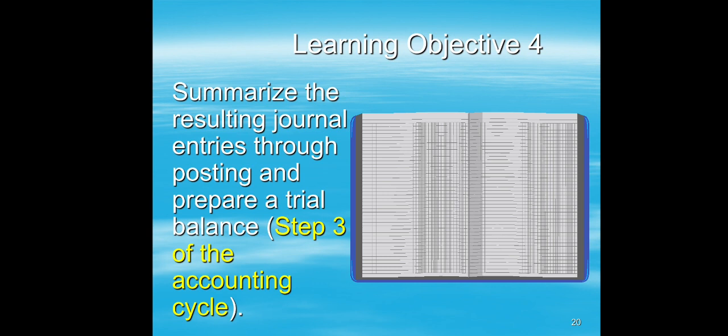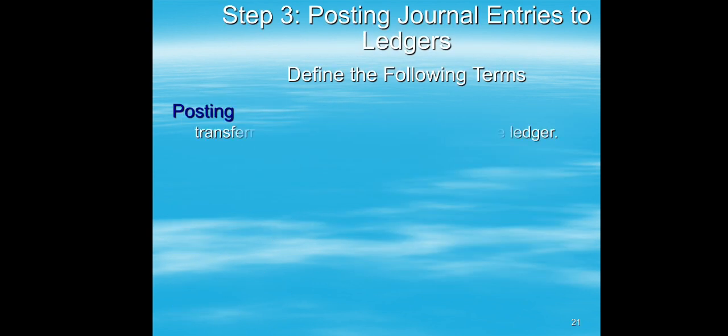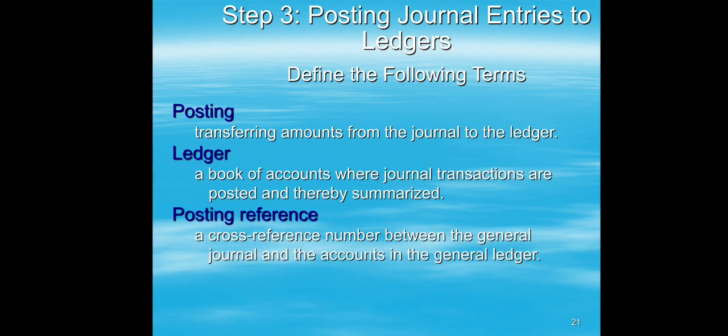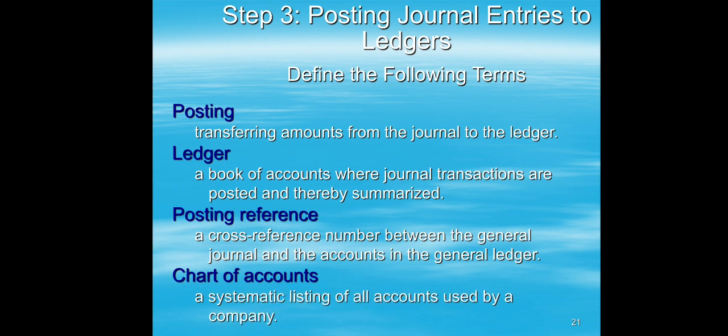There are several terms that you have to know related to step 3. First, posting. Like I said earlier, step 3 is posting journal entries into the ledgers. Posting means transferring amounts and data from the journal to the ledger.